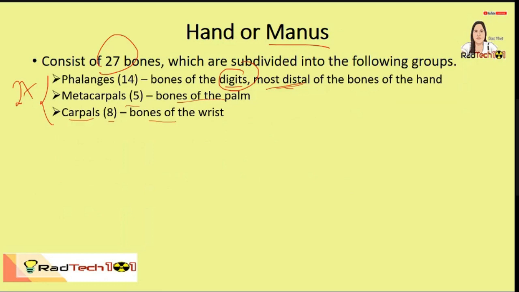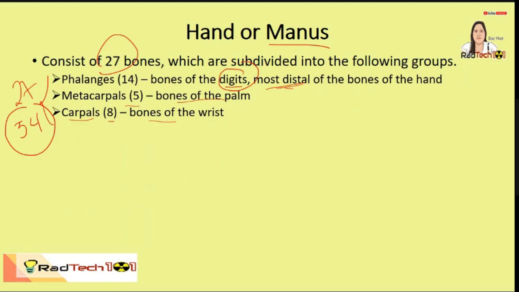If you are a normal person, you have bilateral, meaning both or two. When you have left and right hands, the total number of bones for both hands is 27 plus 27, that is 54.